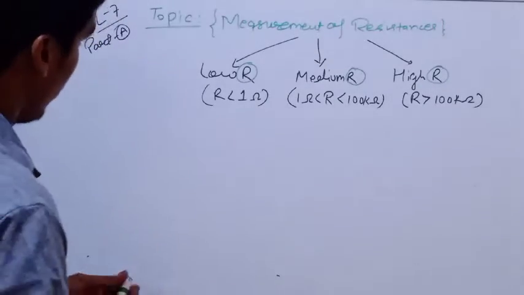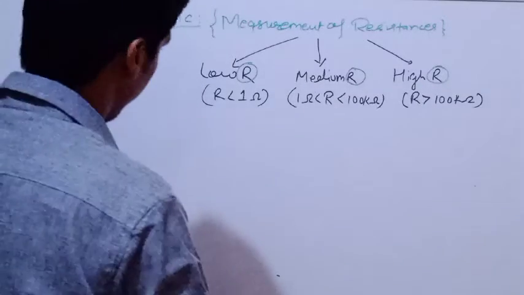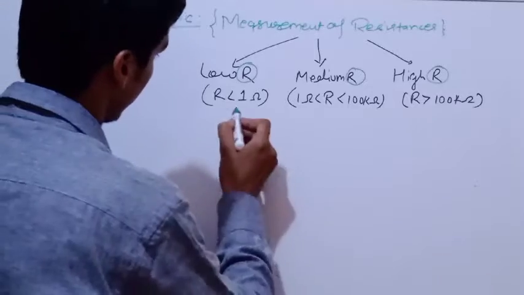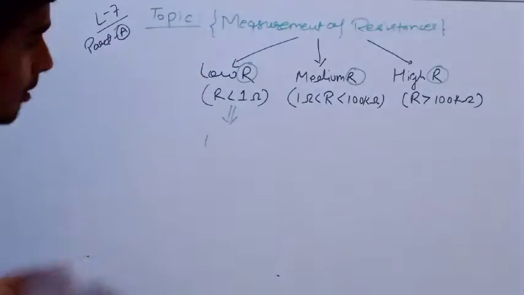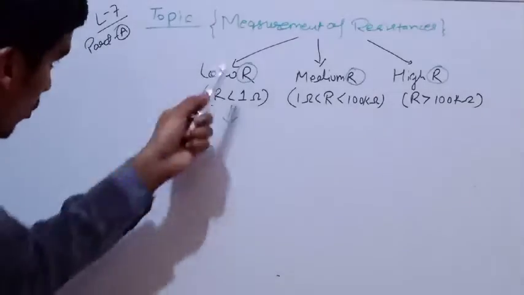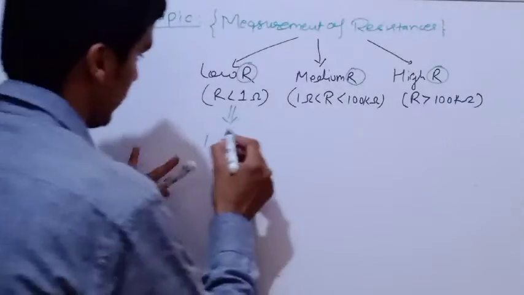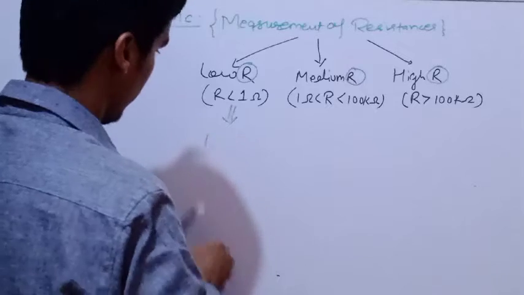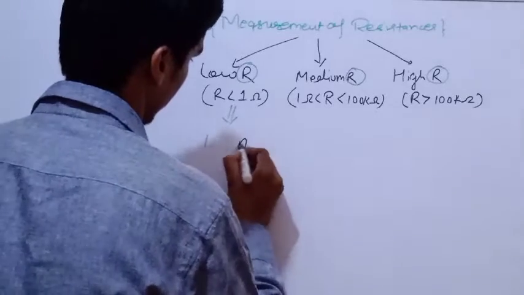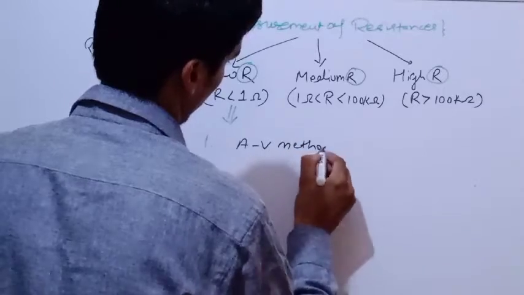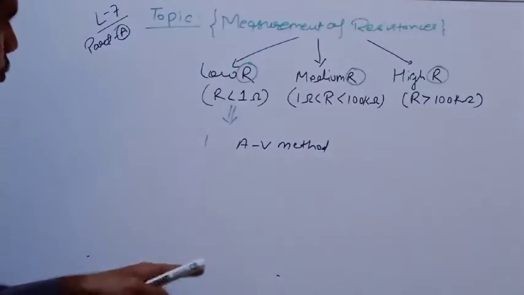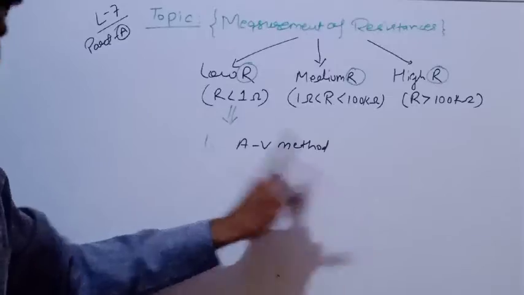First, I'm talking about the methods which are used to measure the low resistance value. The first method is the ammeter voltmeter method.